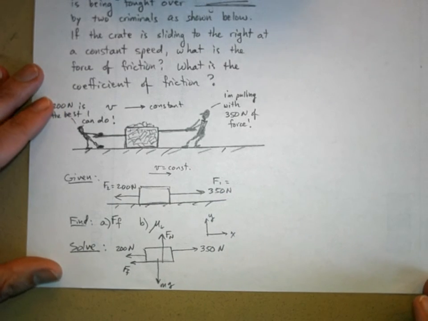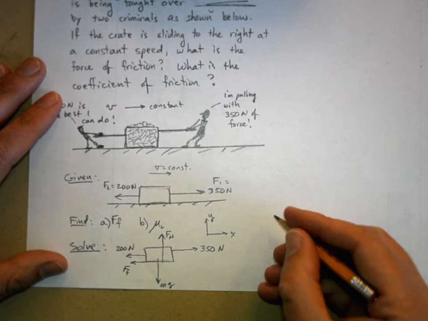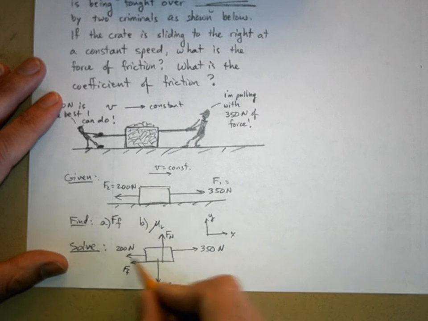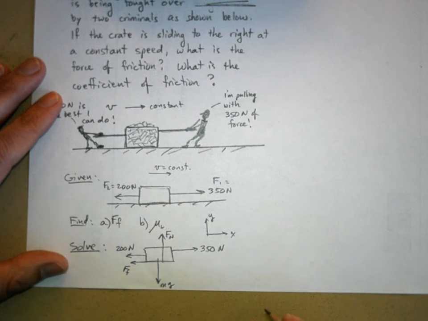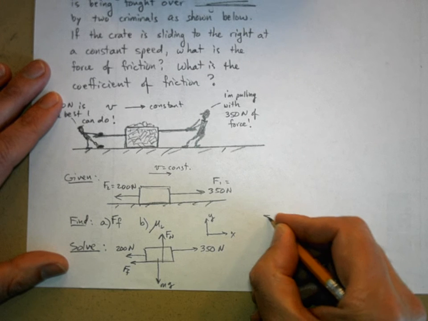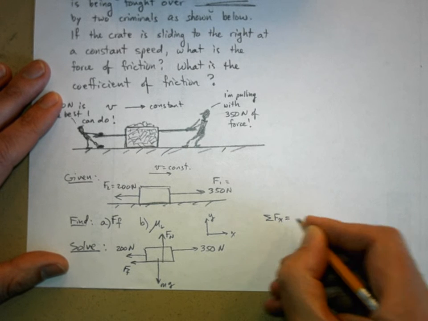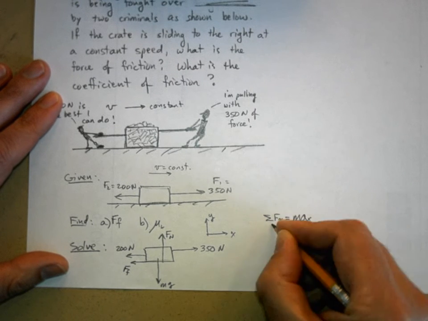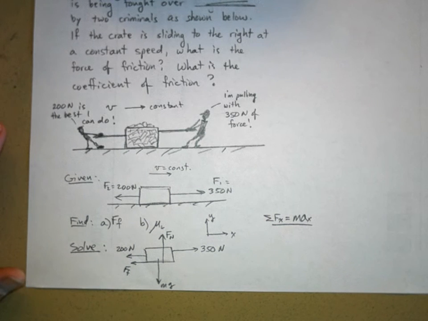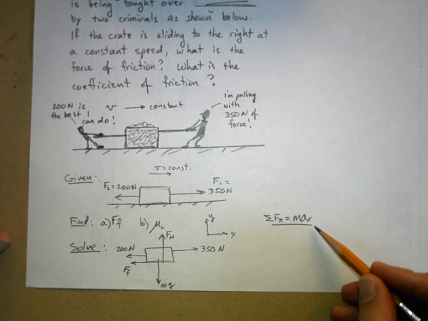And now all I need to do is define the force of friction. I just need to look in the x direction. So let's sum the forces in the x direction equals ma in the x. Now, some people are lazy and they don't write this down.